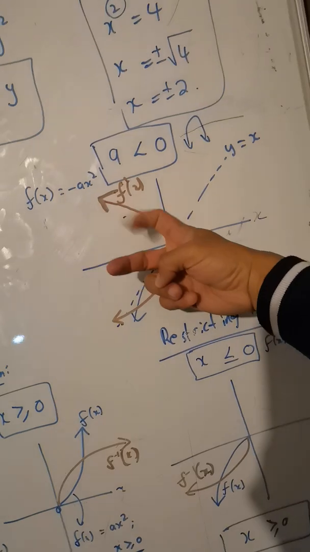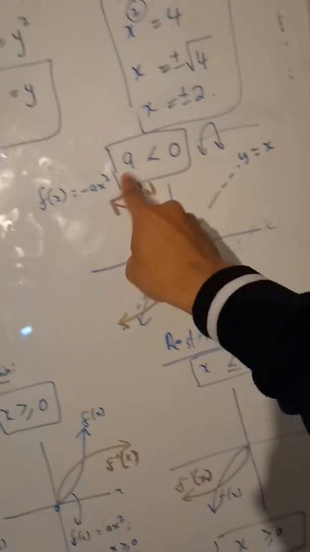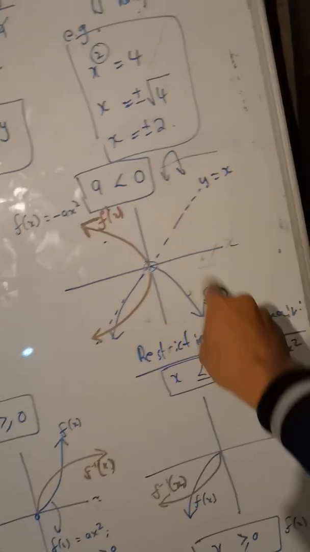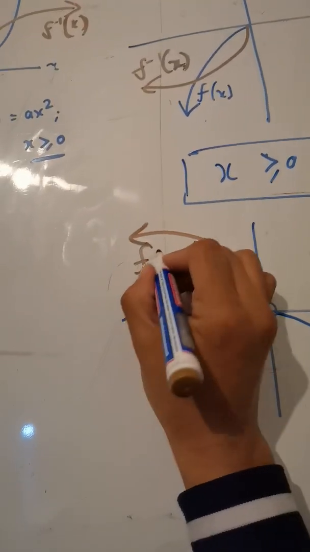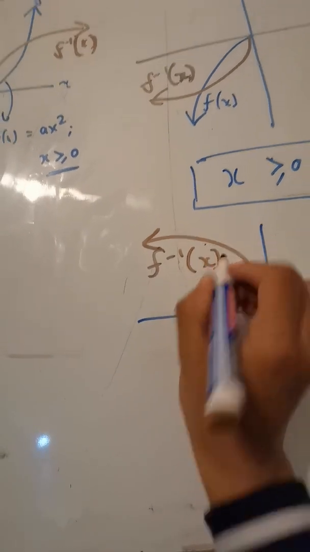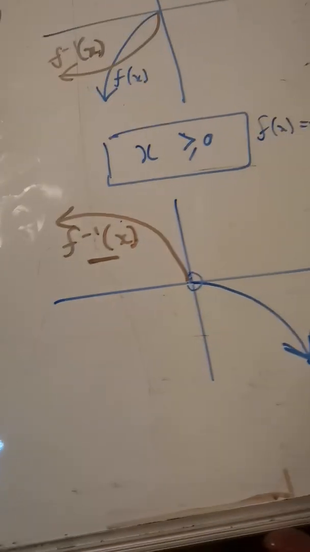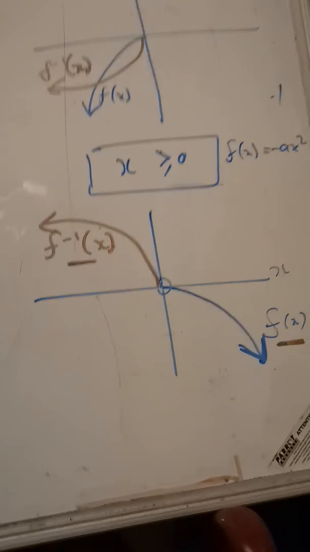We reflect it. There's my index finger. So this graph is the inverse of that arm. So the inverse of this arm will look like that. And that is the inverse of that parabola.